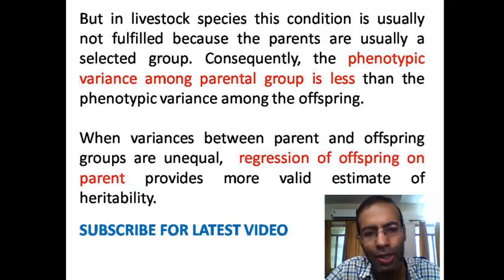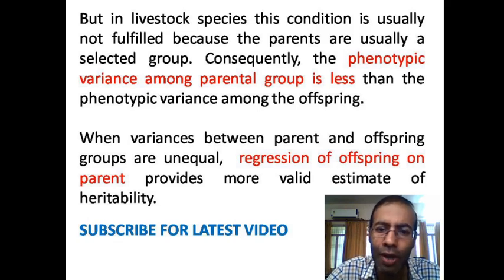So in the case of livestock, what should be adopted? When variances between parent and offspring groups are unequal, regression of offspring on parent provide more valid estimate of heritability. Under this situation, we generally use regression of offspring on parent.